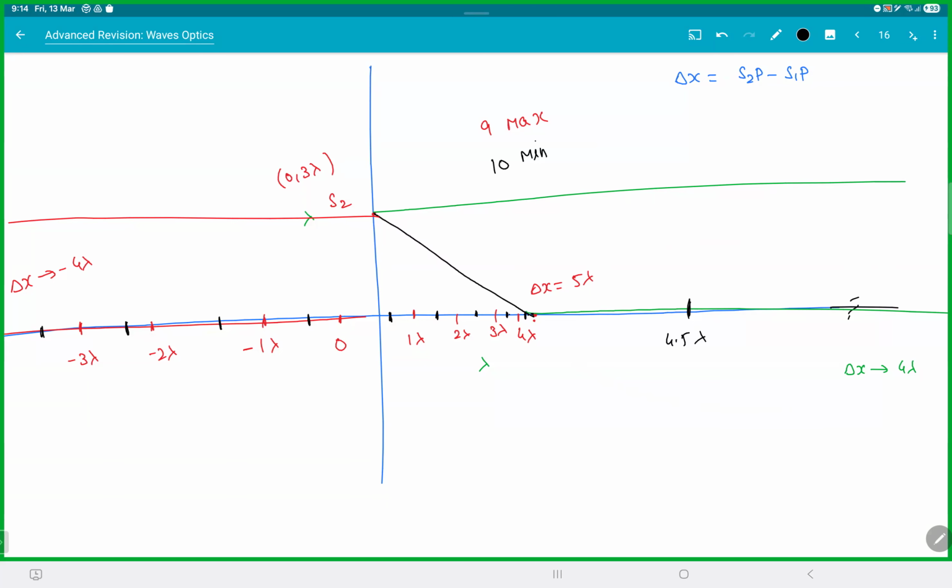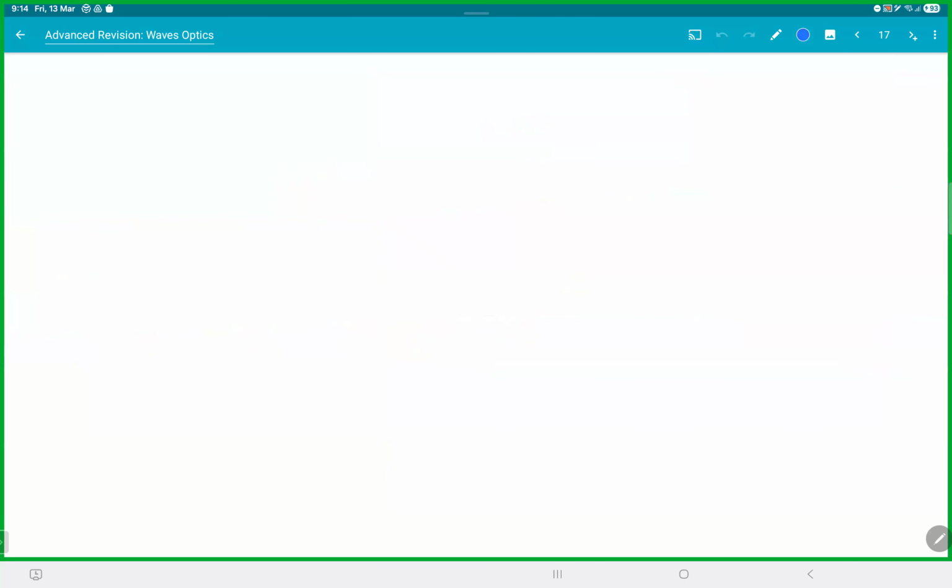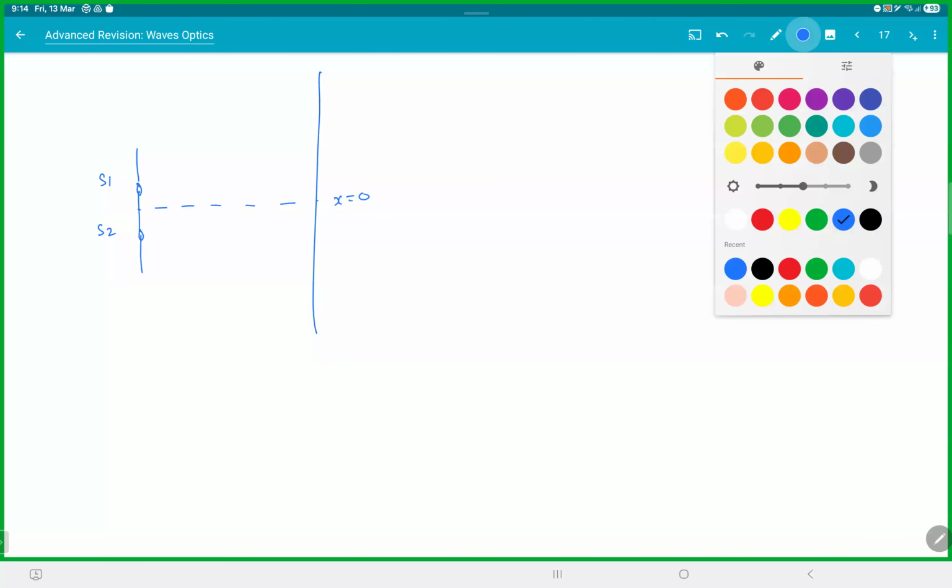Yeah, great. Next thing, now before going to YDSE, I hope you have gone through the experiment, but I'll just brief it up. So if you have two slits, S1, S2, and if you take a screen, so this is your x equal to 0.